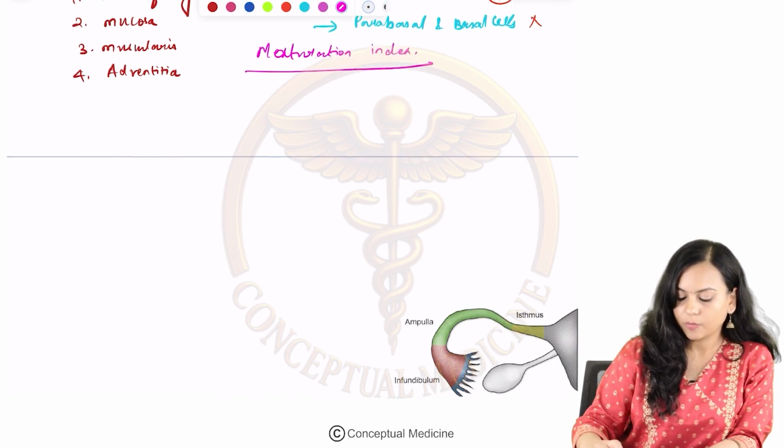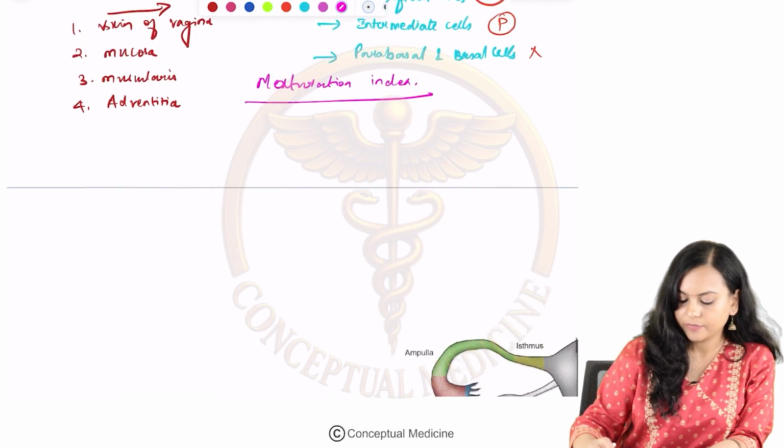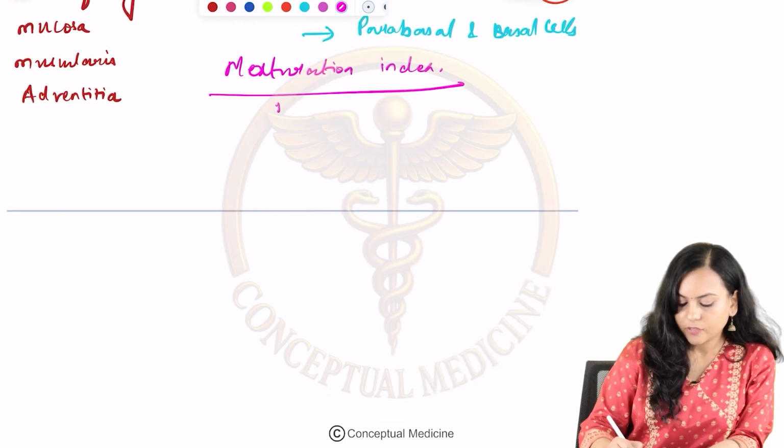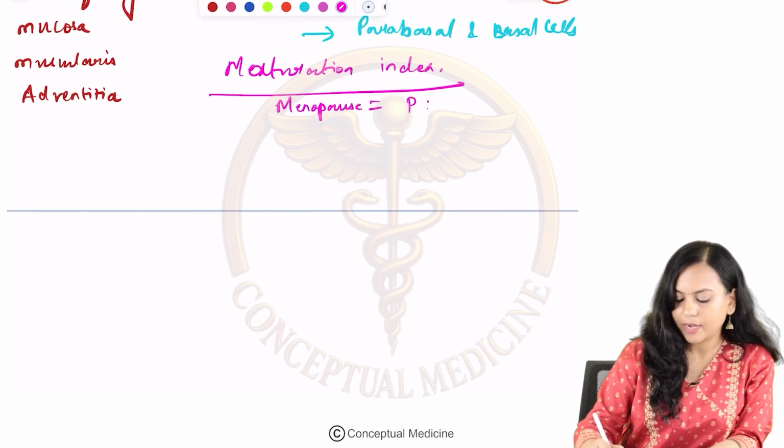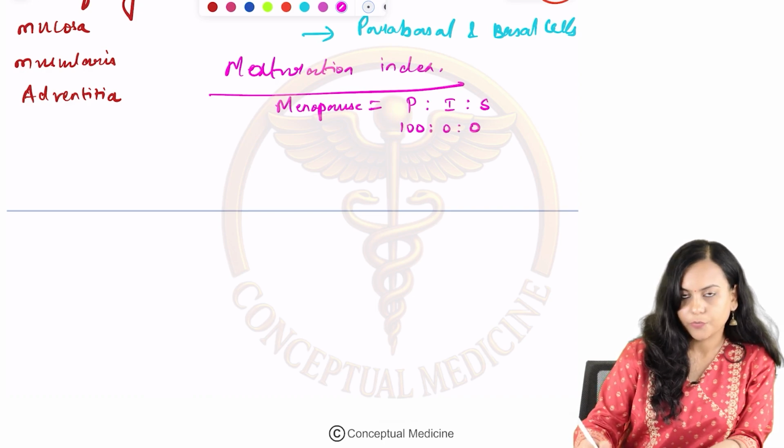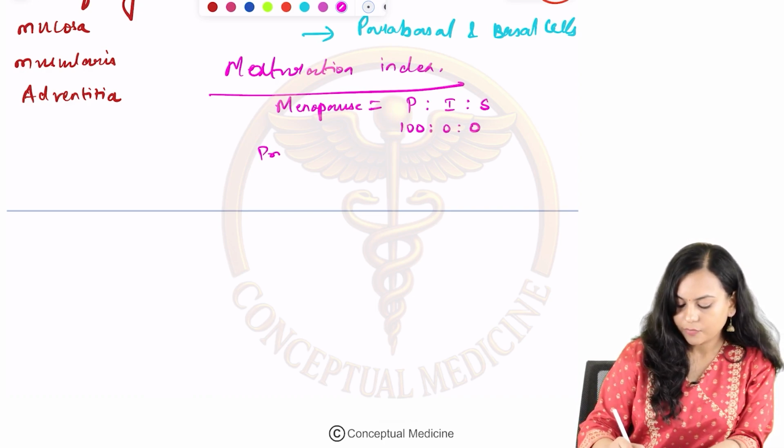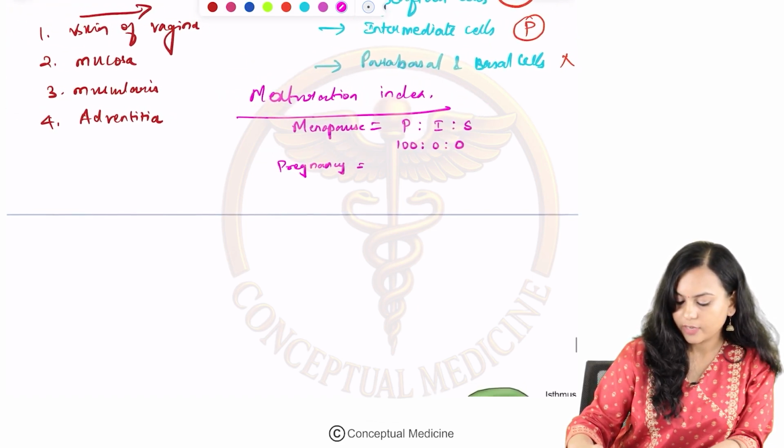You have to know the normal value of this maturation index. In case of menopause, the ratio of the cells, namely the parabasal, intermediate and superficial cells are 100, 0, 0. Okay. In case of pregnancy, we have more progesterone hormone action, right?